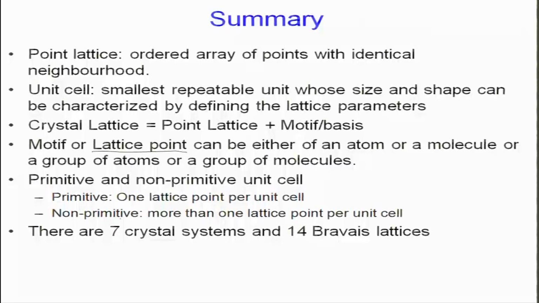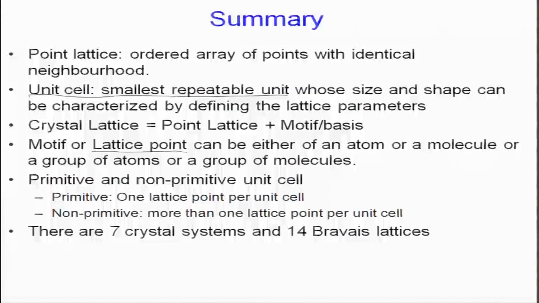And then you can have a non-primitive one, which has more than one lattice point per unit cell. Since there are multiple possibilities of unit cell, and we just said it is the smallest repeatable unit without talking about shape and size, the question arises: what are the possibilities? Can you have an infinite number of possibilities?